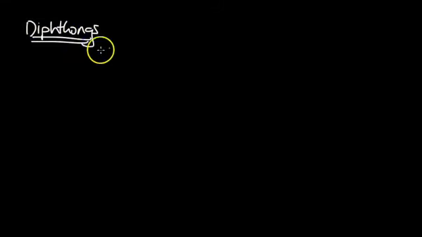Okay, the next thing I want to talk about are diphthongs. Diphthongs are basically when two vowels merge to make a new sound. There are many different types of diphthongs in Greek. I'll just write down the most common.